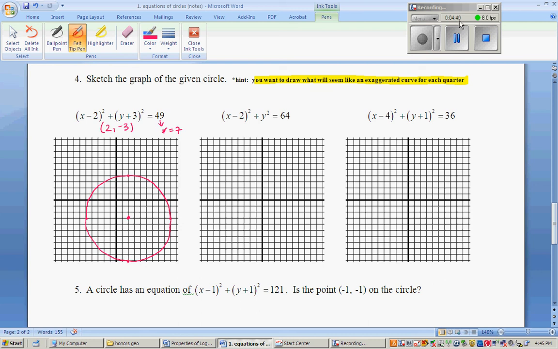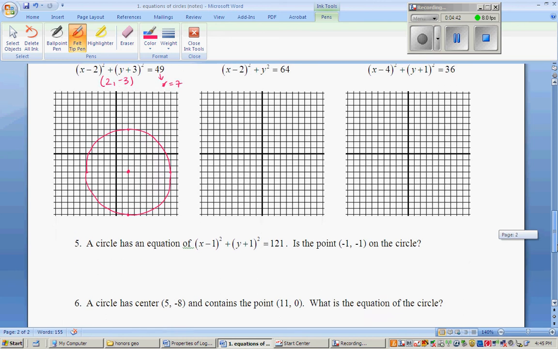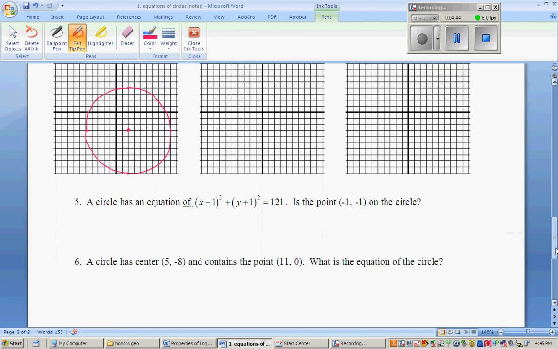But we do want to check one thing here. If you were doing something like number 5, it says the circle has this equation, and the point negative 1, negative 1. How can you tell if it's on the circle without actually graphing it? Well, think back to how you could tell if a point was on a line without graphing it. So let's pretend that we had the point 12, 0 instead. If we plugged that in, you just plug this in for x and this in for y and see if it matches, if it's on the actual circle's edge.